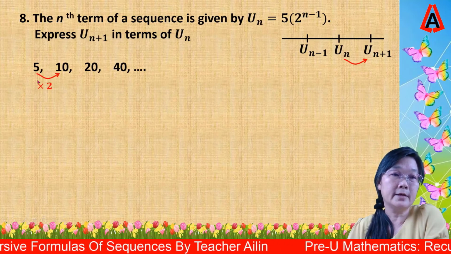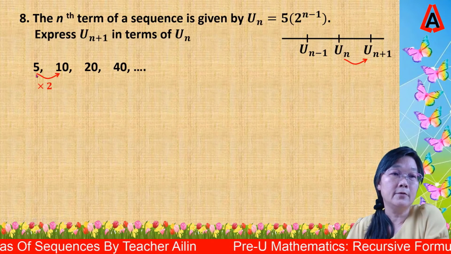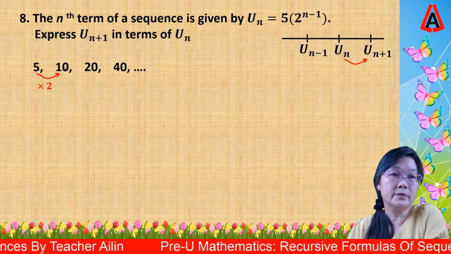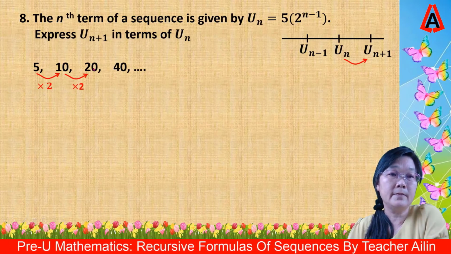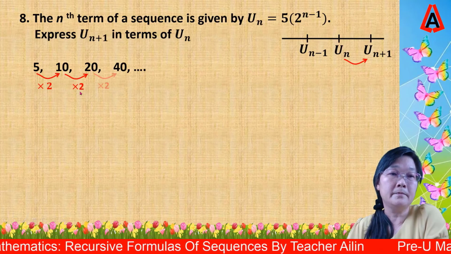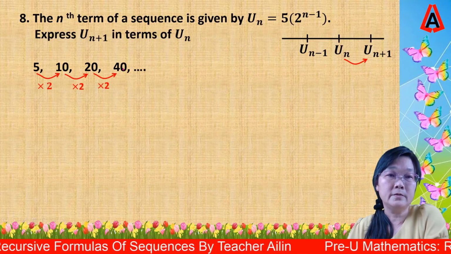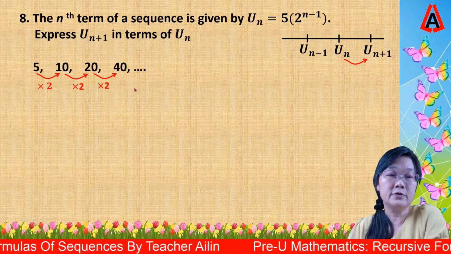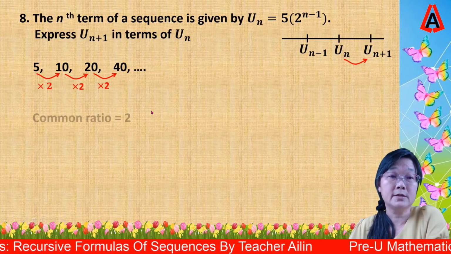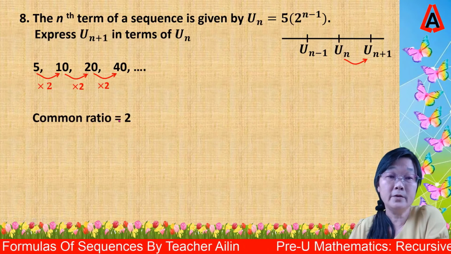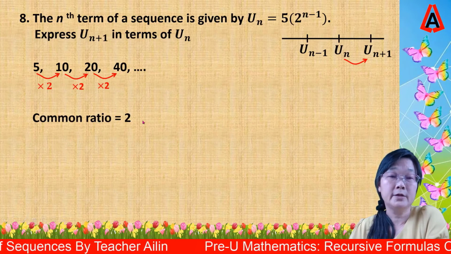From the first term to the second term, we multiply by 2. From the second to the third, multiply by 2. Third to fourth, multiply by 2. So we can see that this is a GP, and the common ratio is 2.